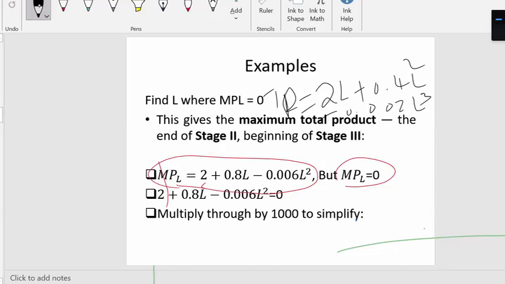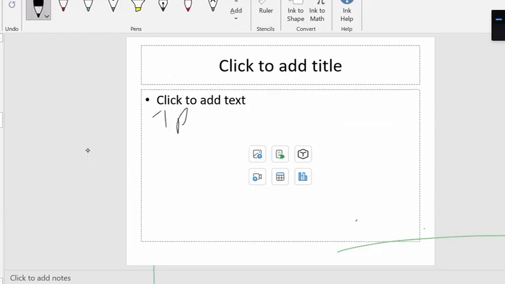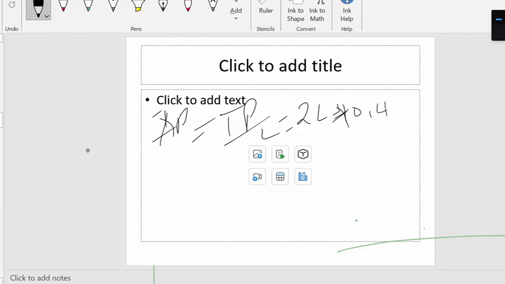That means average product is equal to what? Average product is equal to total product divided by L. So you have to take that total product, which is 2L plus 0.4L square minus 0.002L cubic, divided by L. So you just divide by L on both sides.